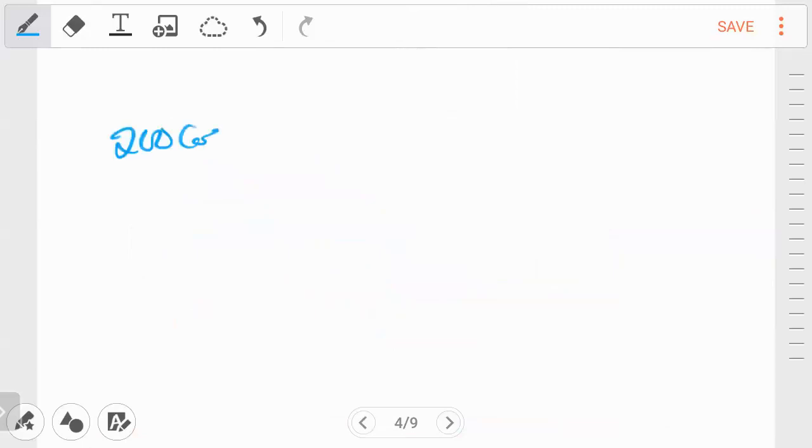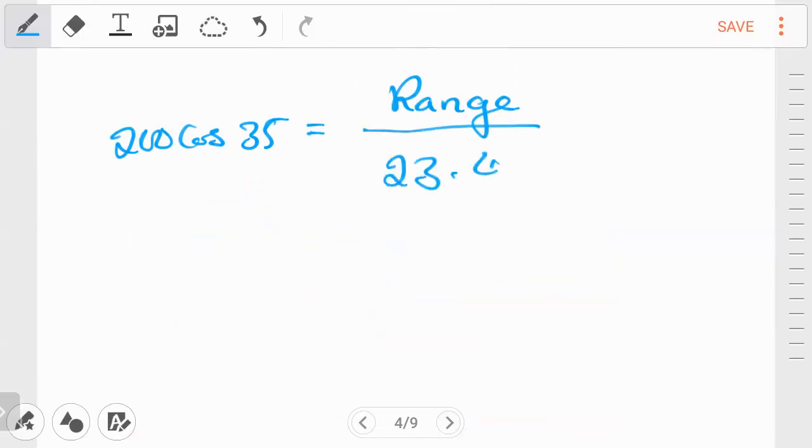And my displacement is my range. My time is the total time I found from the y-axis, that 23.4. So from here, we can then cross multiply. I now have 23.4 multiplying 200 multiplying cos 35.